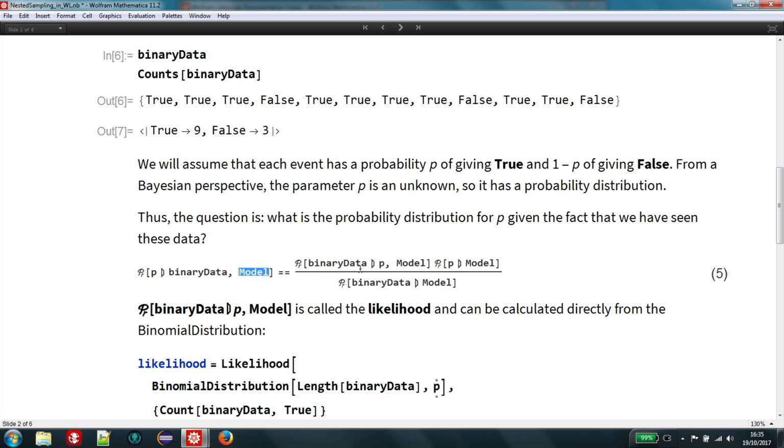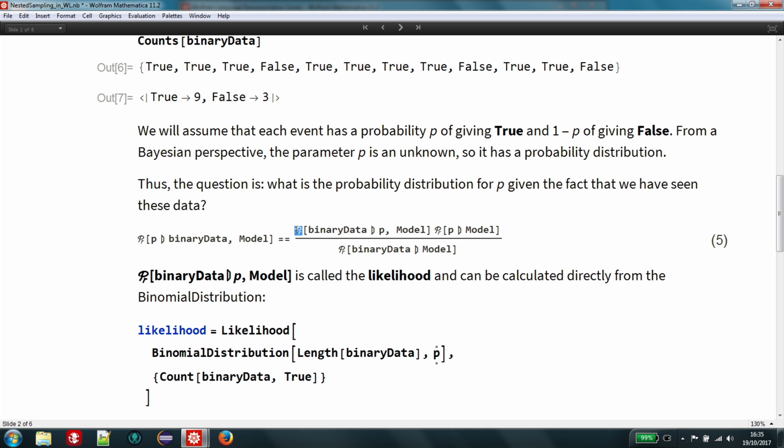And then by using Bayes' rule, we can switch this around. We have here a bunch of terms, and each of these terms gets a name, because that makes it easier to talk about. The first one here is called the likelihood.